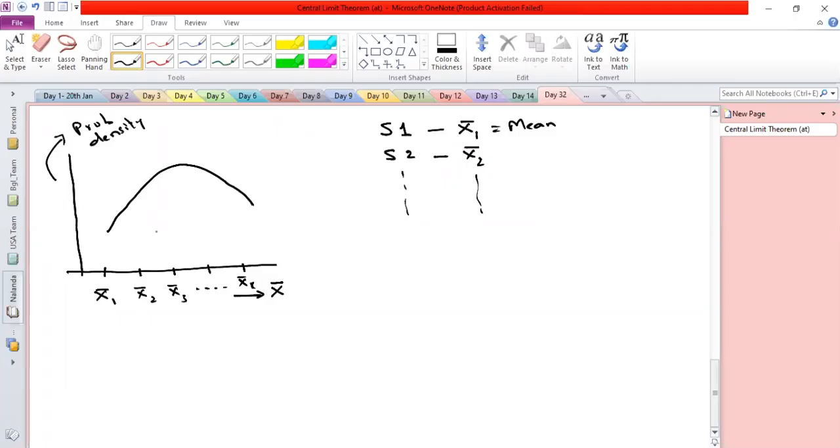Or it can be a bell curve, but something like this, or something like this, or something like this.